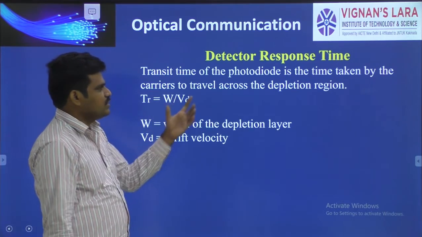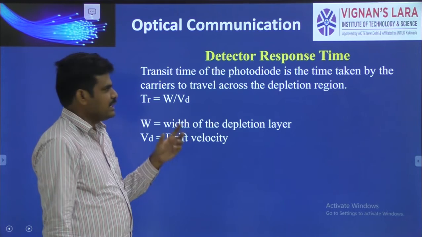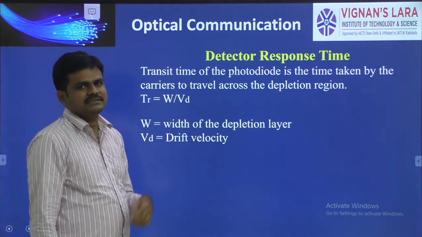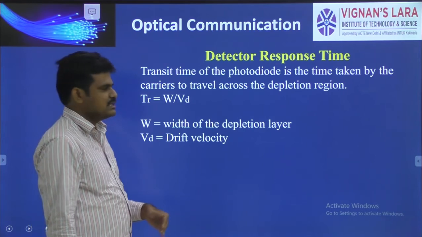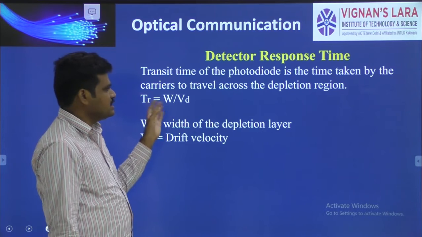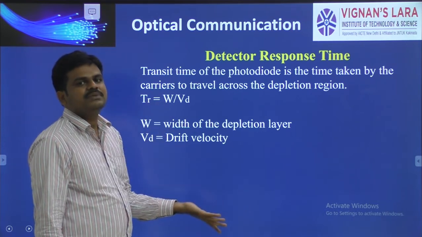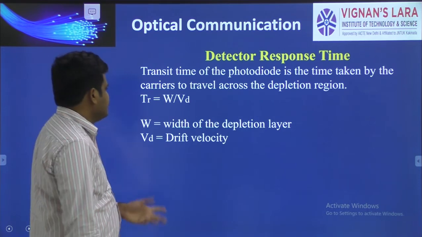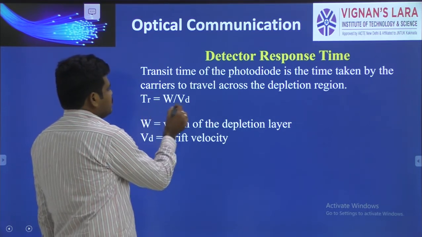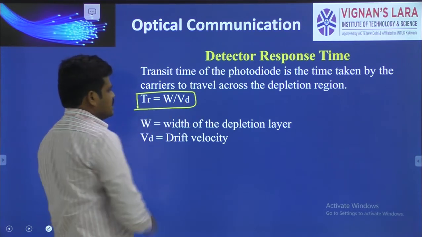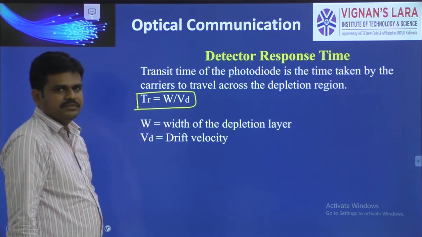Transit time of the photodiode is the time taken by the carriers to travel across the depletion region. What is meant by transit time? Transit time is the time taken by the carriers to travel along the depletion region. It is given as TR equal to W by VD.